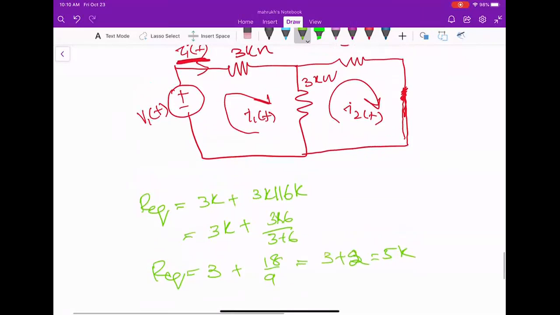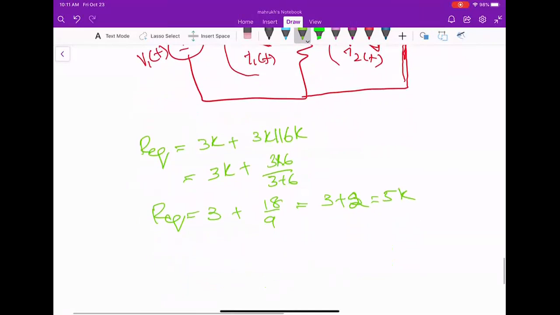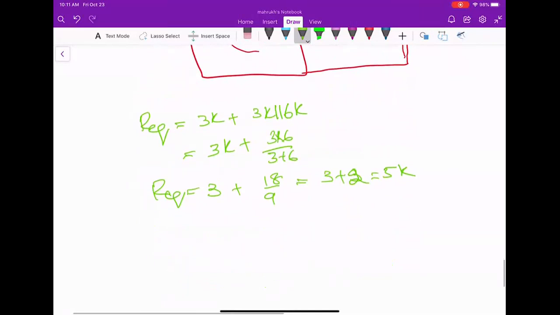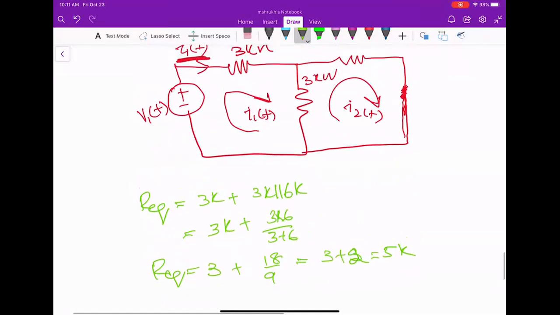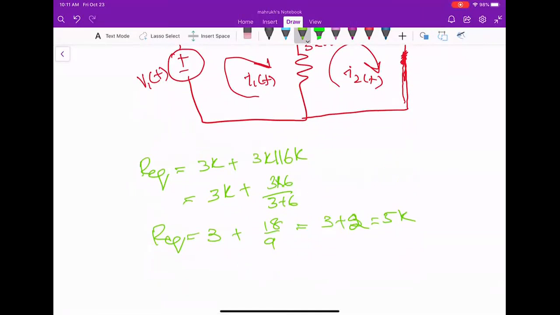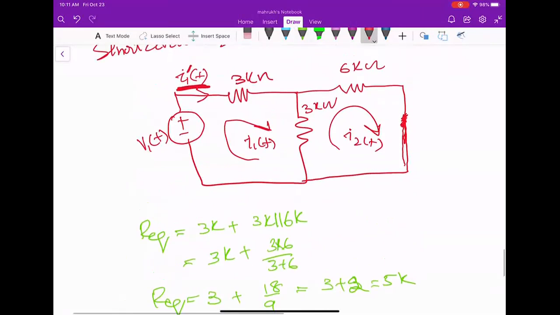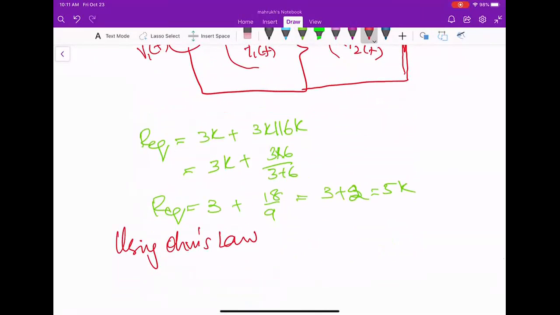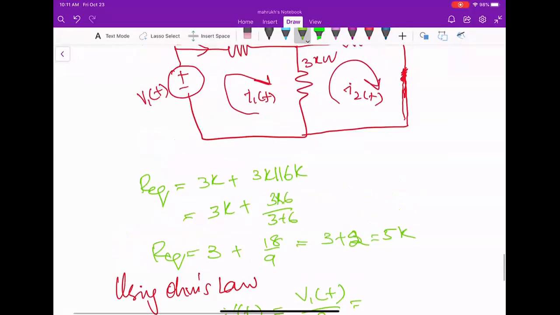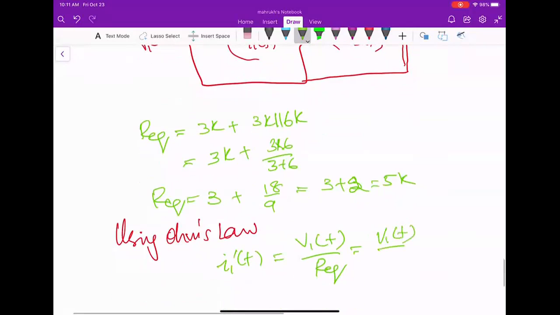So another way is that I1 dash of t, using Ohm's law, is equal to V1 of t by R equivalent, which is V1 of t over 5K.